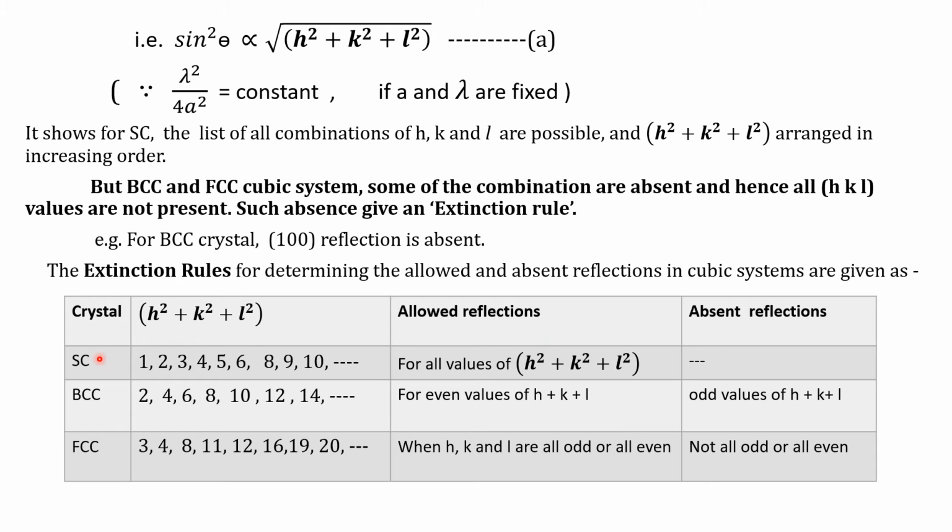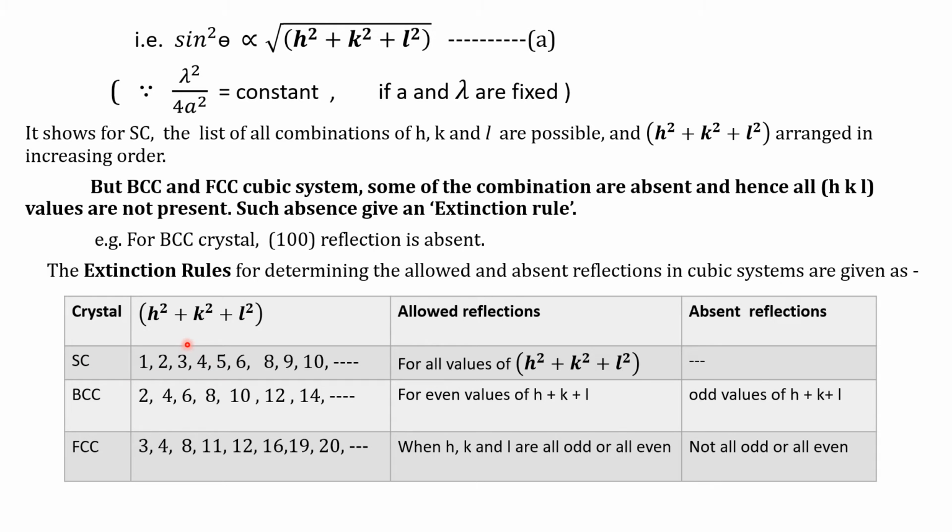For the crystal systems simple cubic, BCC and FCC, we firstly note how we arrange h square plus k square plus l square in increasing order for all three cases. Then we write the allowed reflections and which are the absent reflections. See here for simple cubic.